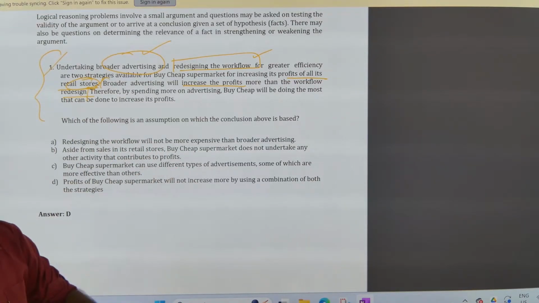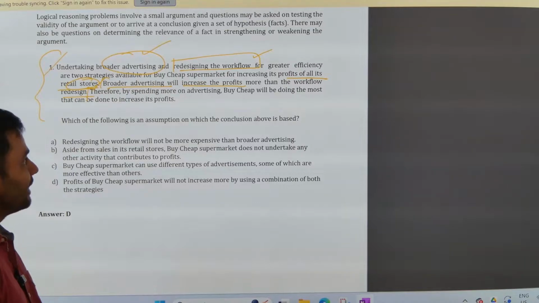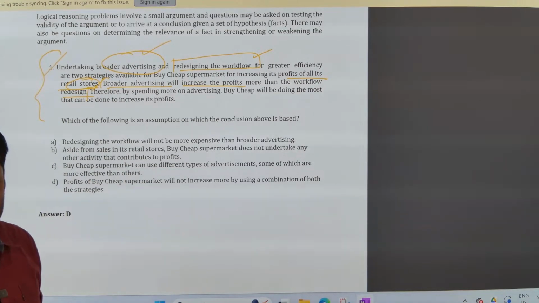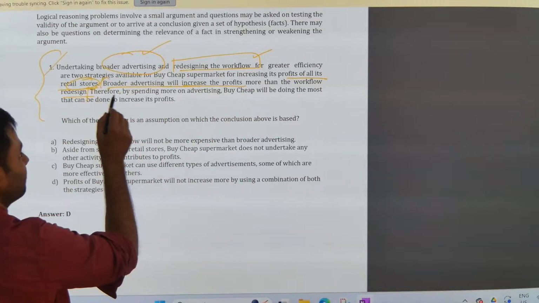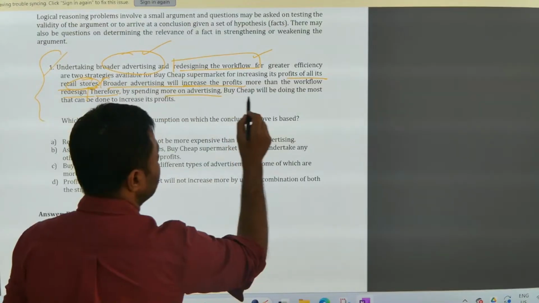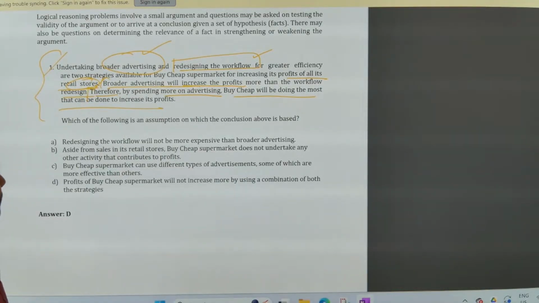Now between these two as well, they think that broader advertising will increase their profits more, right? Therefore, by spending more on advertising, Buy Cheap will be doing the most that can be done to increase its profits.